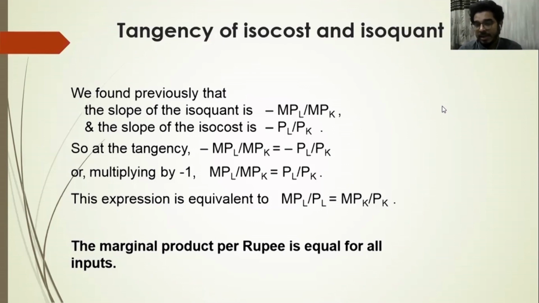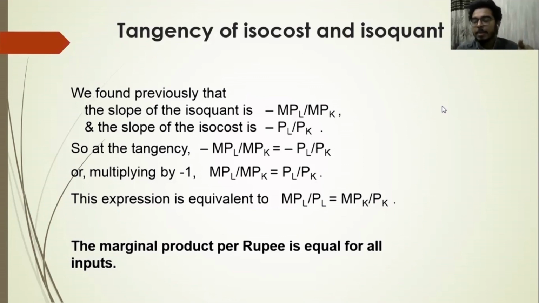Then we finally derive an equation where marginal productivity of labor divided by price of labor is equal to marginal productivity of capital divided by price of capital. That means whatever I'm spending for one unit of labor, the marginal product per rupee, per currency unit spent on any input, should be the same.